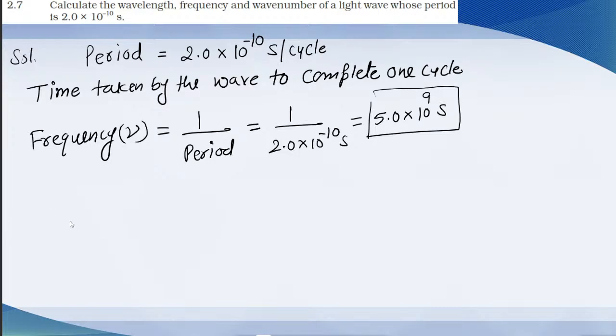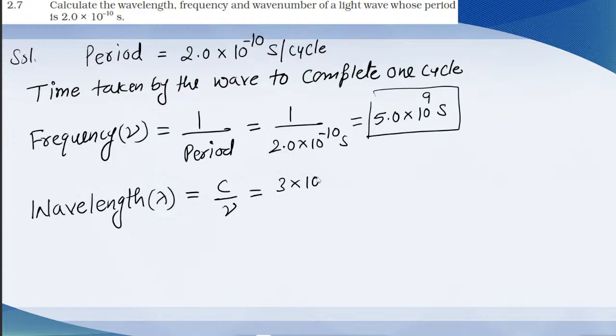After frequency, there is wavelength. So wavelength lambda, just use the rule: lambda into nu equals c. So lambda equals c over nu.